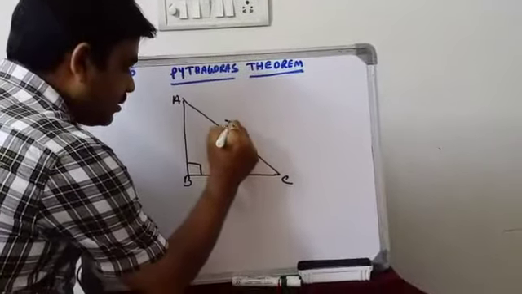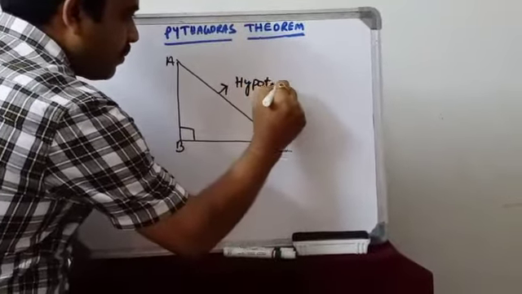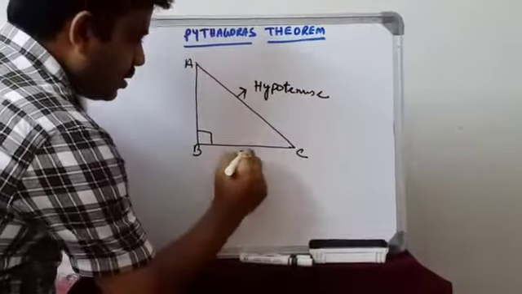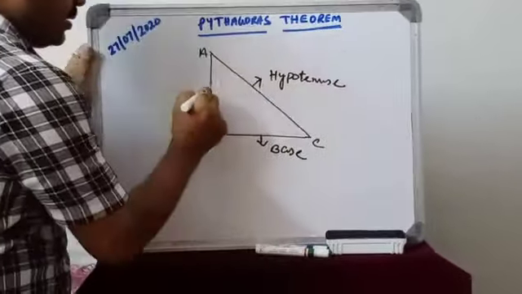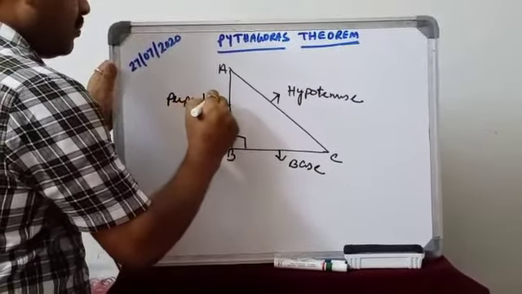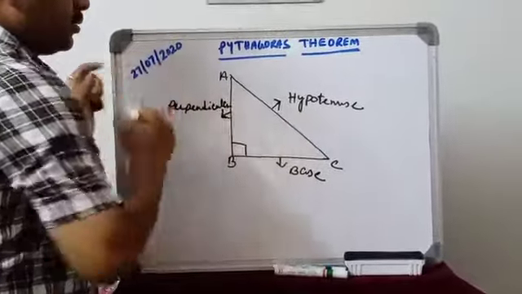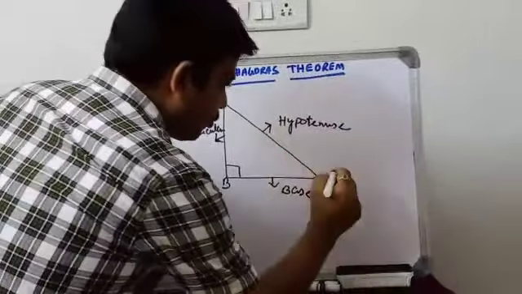AC is known as the hypotenuse, this is the base, and this one is the perpendicular.